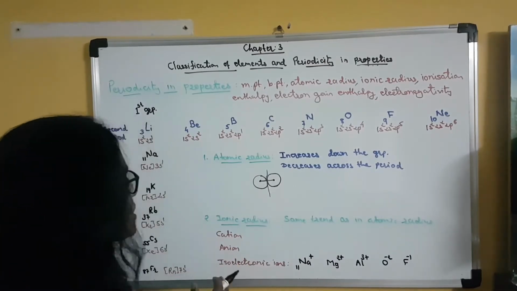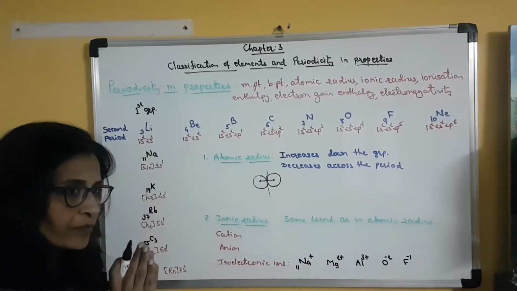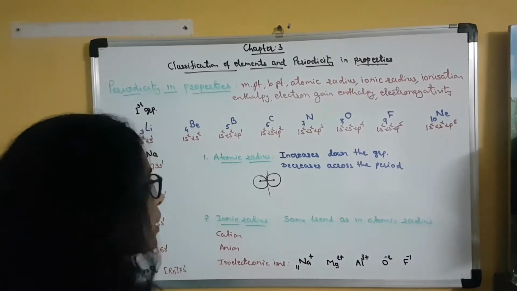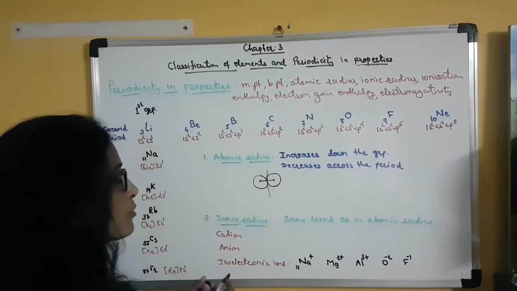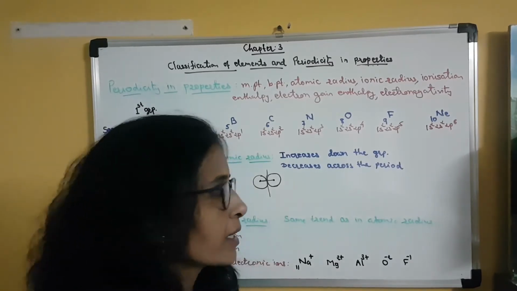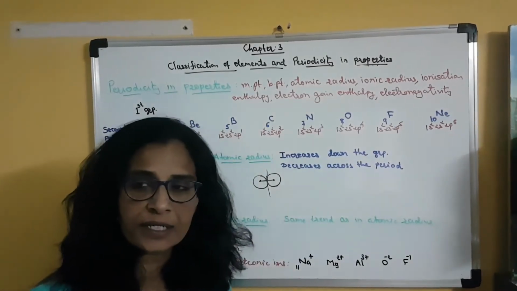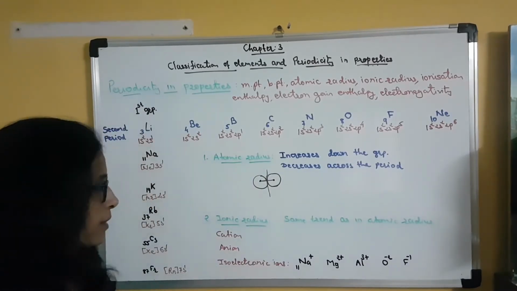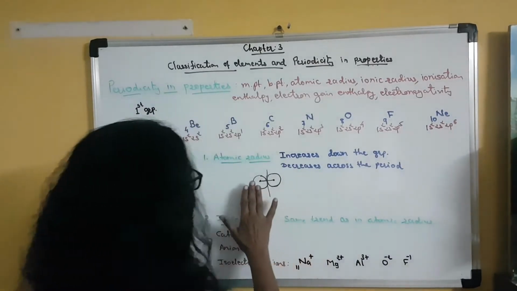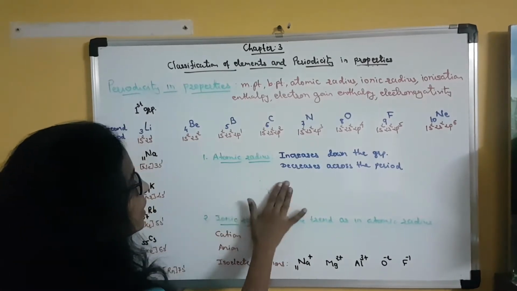But in this chapter we will use the word atomic radius only. It is understood that if the element is non-metallic, it may be the covalent radius, and if it is metallic, then we are talking about the metallic radius. So in general we will use the word atomic radius.